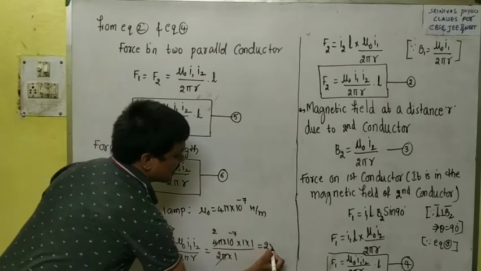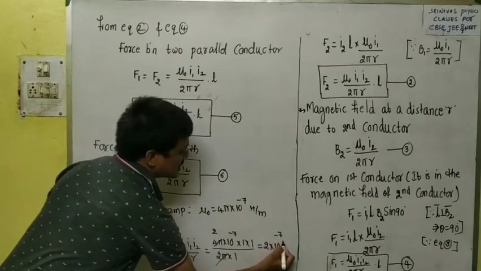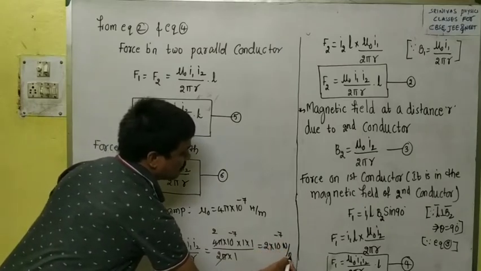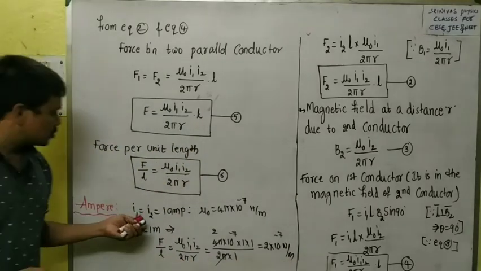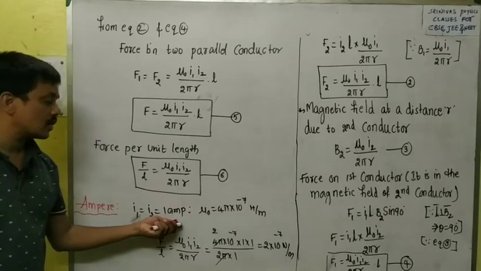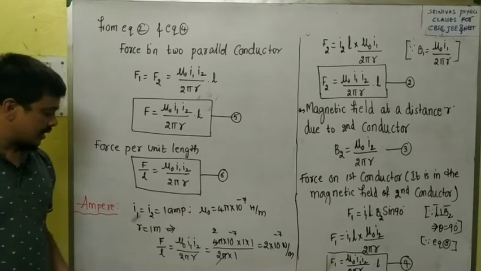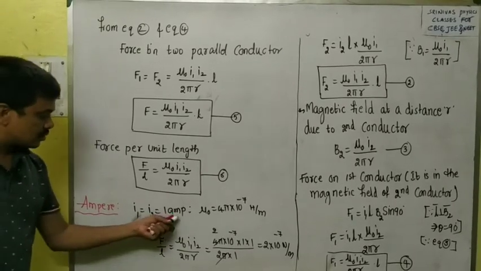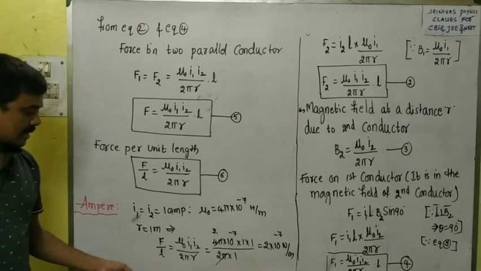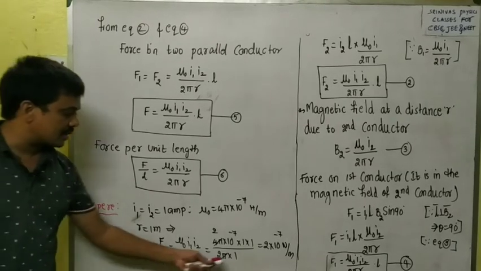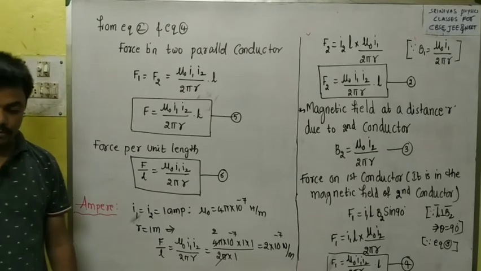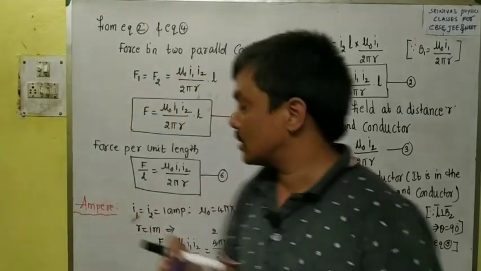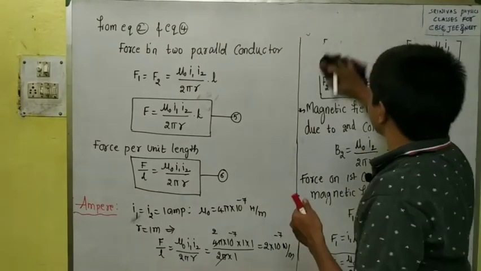The answer is 2 into 10 to the power of minus 7 Newton per meter, force by length. That means if two parallel conductors carry the same current of 1 ampere and are separated by 1 meter, the force per unit length will be 2 into 10 to the power of minus 7 Newton per meter.